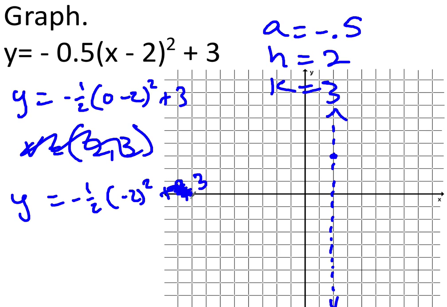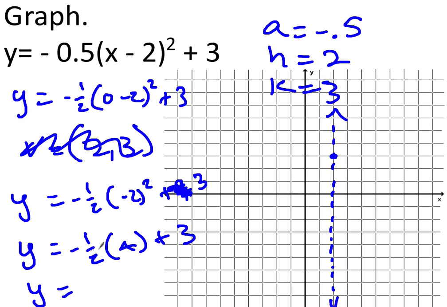Y is equal to negative 1/2 times 4, because negative 2 times negative 2 is a positive 4. Negative 1/2 times 4 is negative 2, so y is equal to 1. So when x is 0, y is 1. All parabolas are symmetric, so if I go over 2 more, I have the point on the other side.